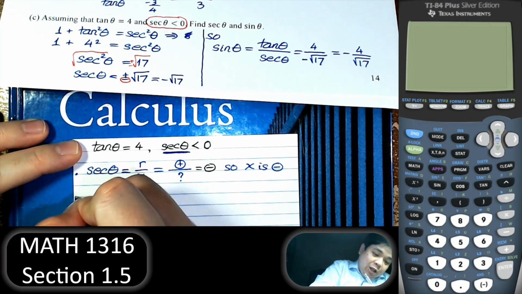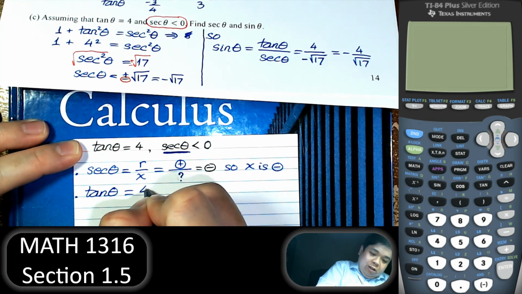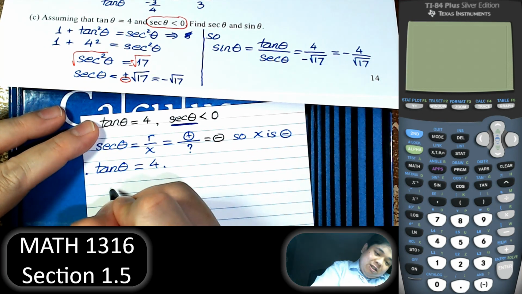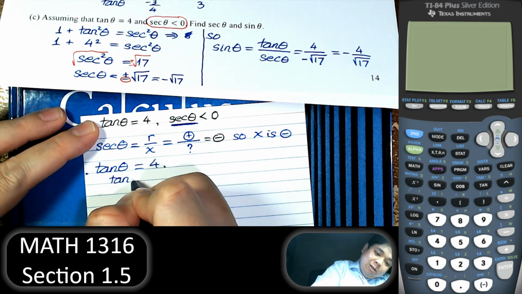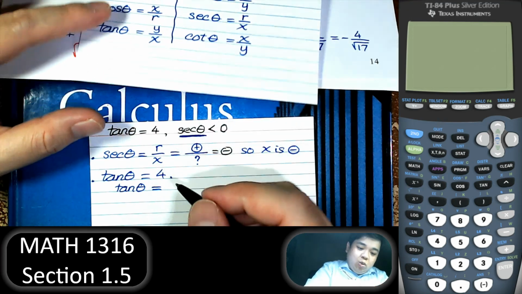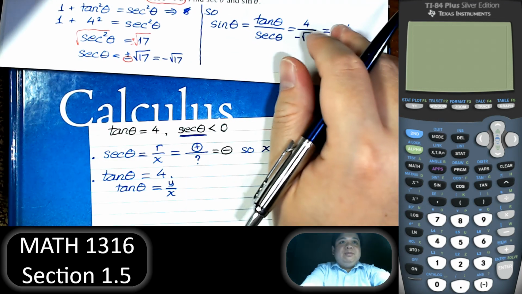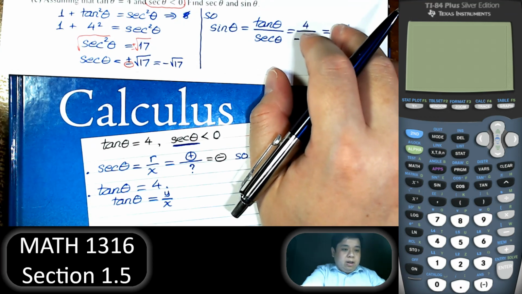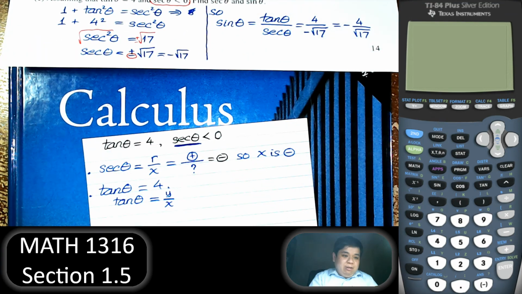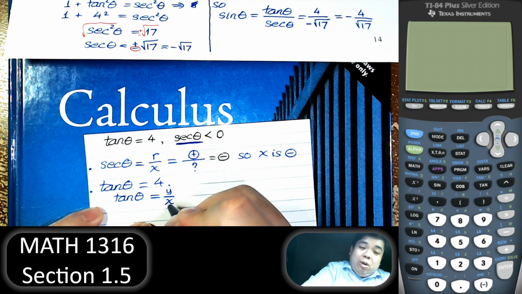Next, we go to tangent. It's 4. Now, what is the ratio for tangent? Tangent is y over x. I hope you memorize it by now. If not, in the next section, there's a way to further help you memorize all of that.